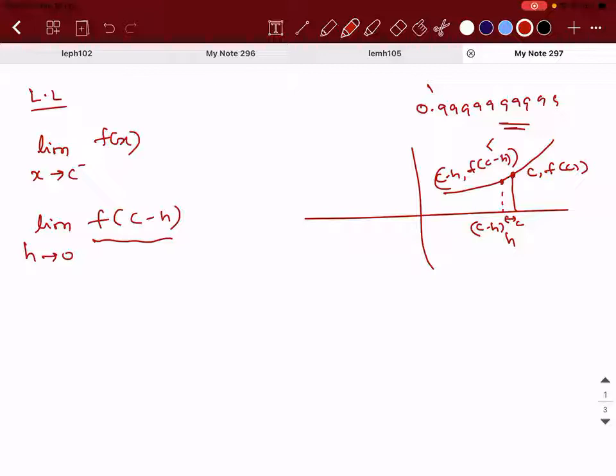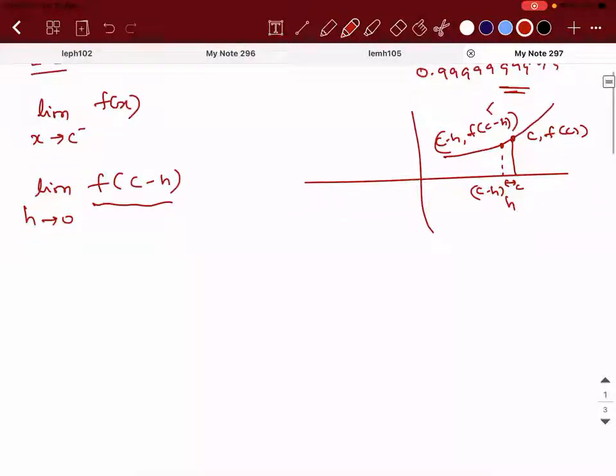When it is tending to 0, what will happen to c minus h and c? They will start to overlap, but they will not overlap. If you look in a microscope, there will be a small difference existing. This slightly needs higher order thinking, but this is the actual meaning behind it. Is that clear?